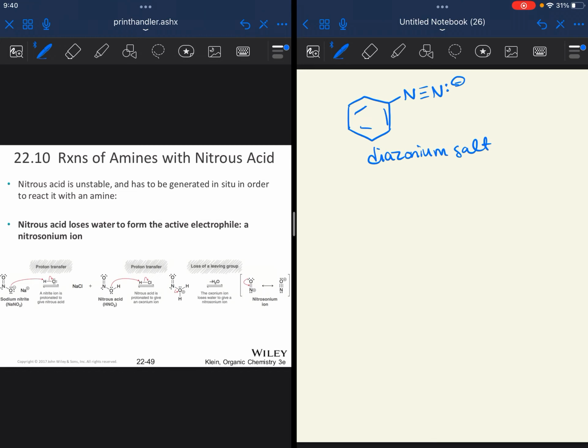So to dive into how to make this diazonium salt, let's look at the reagents that are needed. We are looking at a reaction of a primary amine, so I'm going to use aniline here, reacting it with something called sodium nitrite and hydrochloric acid.